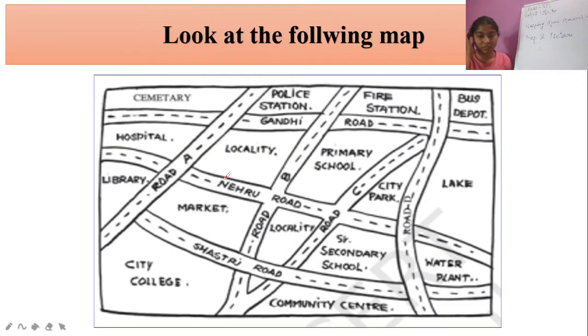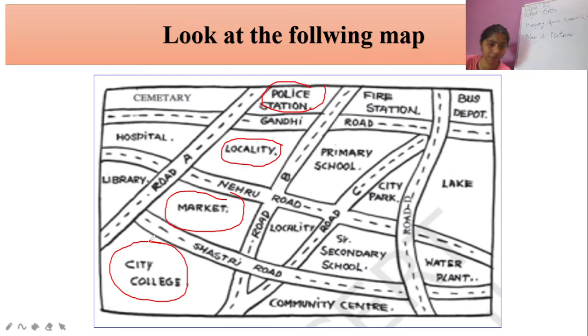So students, now look at the map. Do you find some places, some roads along with a lake, right? Yes. So we can say police station, some localities, market, city college, lake.